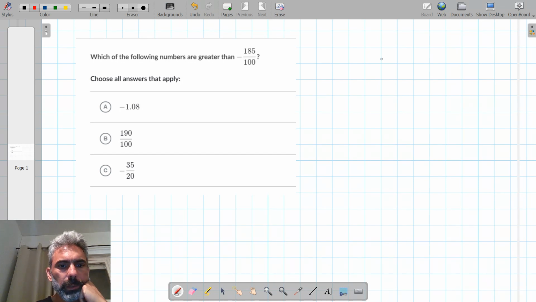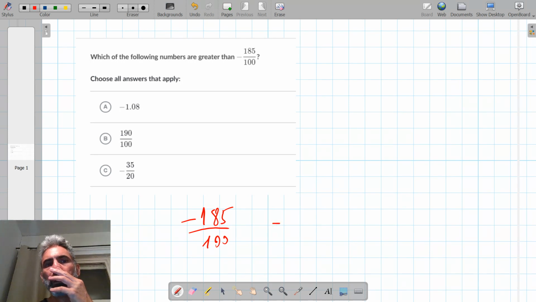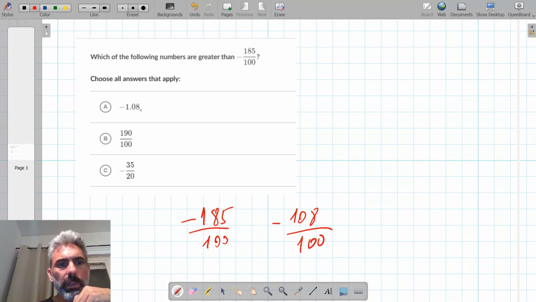Okay, so minus 185 over 100, when I compare it to minus 1 and 8 hundredths, minus 1 and 8 hundredths is like minus 108 hundredths.